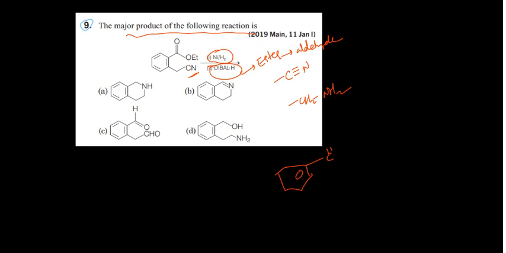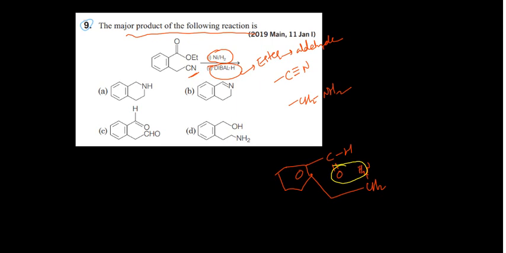Okay, see, I am writing aldehyde here. This position, this CH2 and NH2. Okay, amine is formed. Whenever NH2 and C double bond O group are there, simply H2O will be released. So here a double bond is forming.